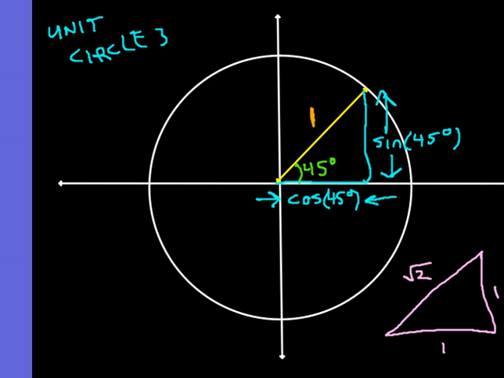We figured that out using Pythagorean theorem. So the only problem is that the hypotenuse here is square root of 2 and the hypotenuse here is 1. And the way we fix that to make them both the same is we'll divide this by square root of 2, and we'll divide this by square root of 2, and we'll divide this by square root of 2.